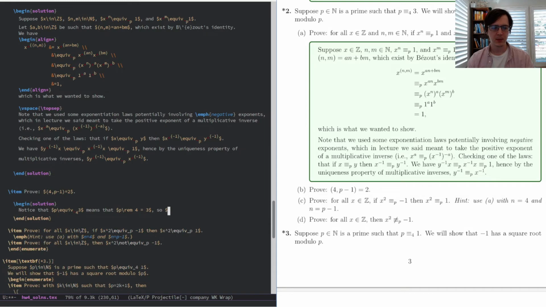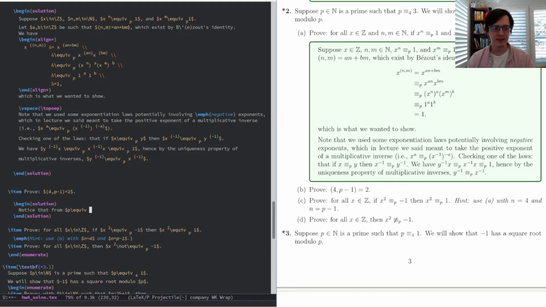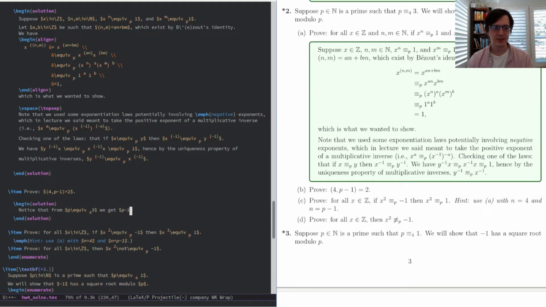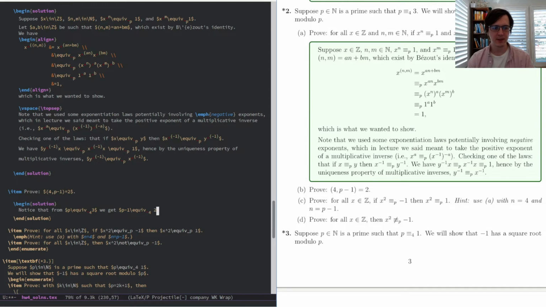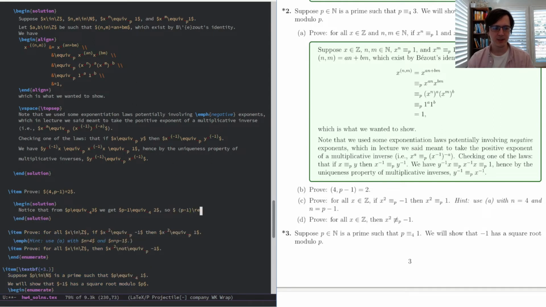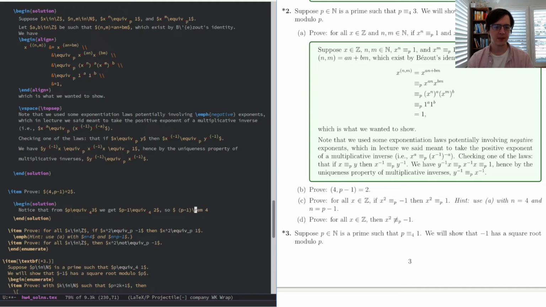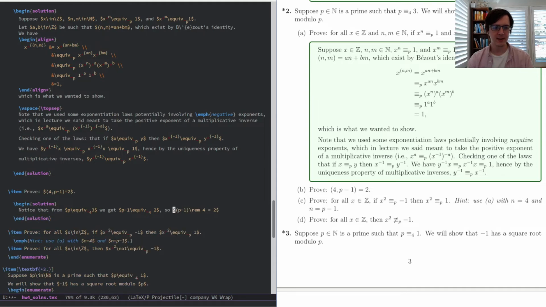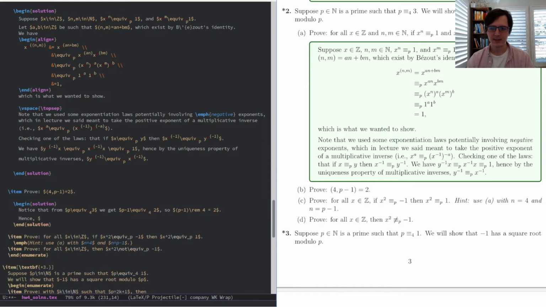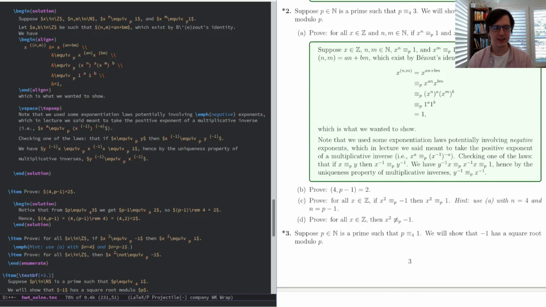So from this, we get that p minus 1 is equivalent mod 4 to 2. So p minus 1, after dividing by 4, has remainder 2. Hence, the GCD of 4 and p minus 1 is the GCD of 4 and 2, which is 2, because 2 is the GCD of 2 and 4.